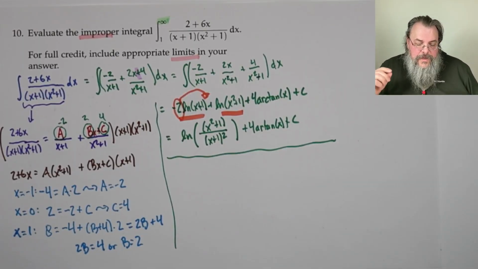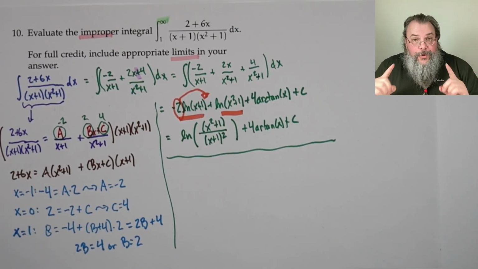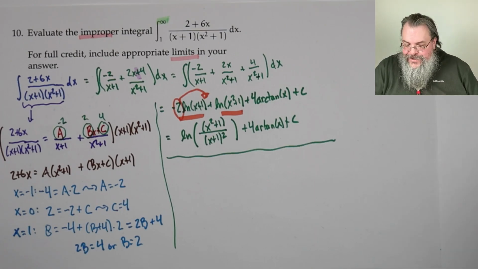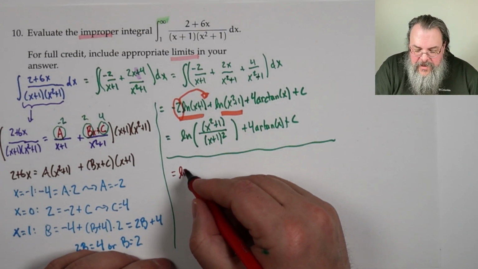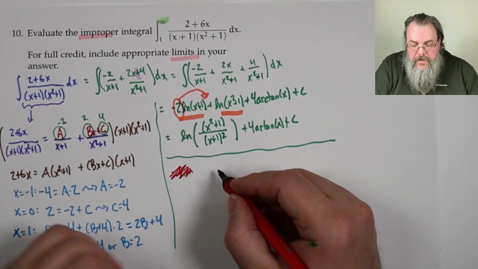So we say, look, for full credit, we're going to include appropriate limits, and we're going for full credit. We want that full credit. So we say, well, this is the limit as, all right, let's be a little bit careful here.